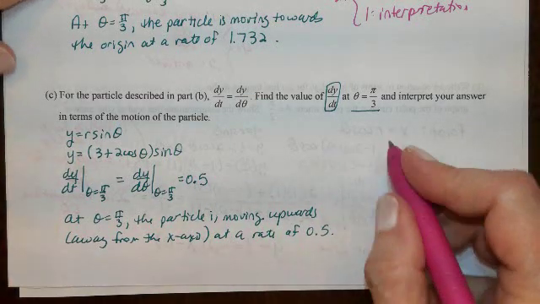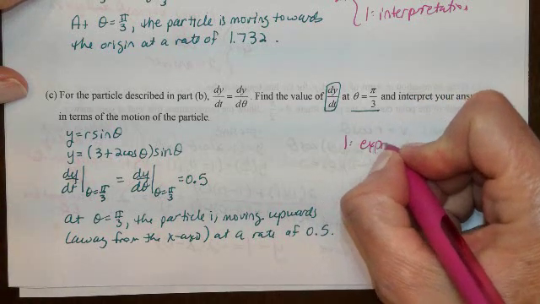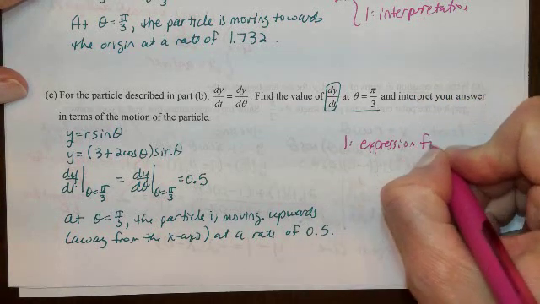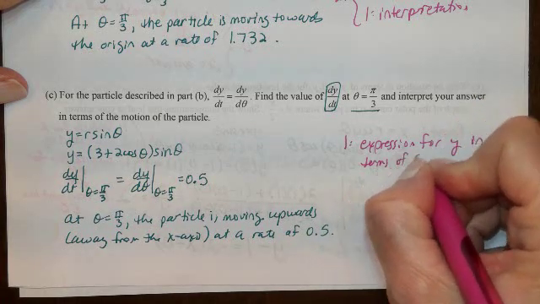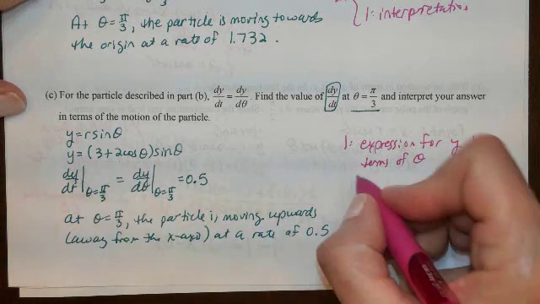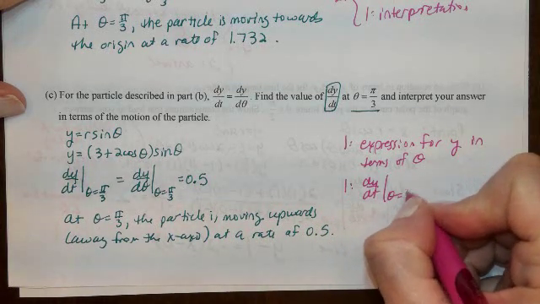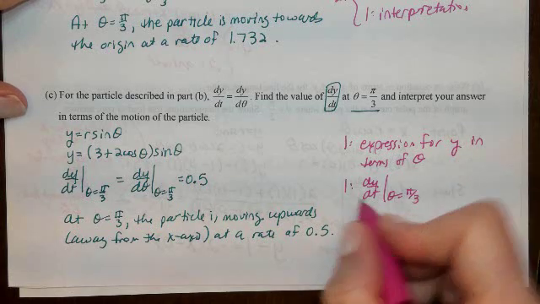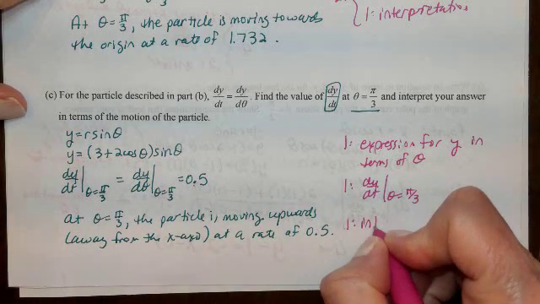So this answer was worth 3 points. It was 1 point for the expression for y in terms of theta. 1 point for dy dt at theta equals pi over 3, so that was the 0.5. And 1 point for the interpretation.